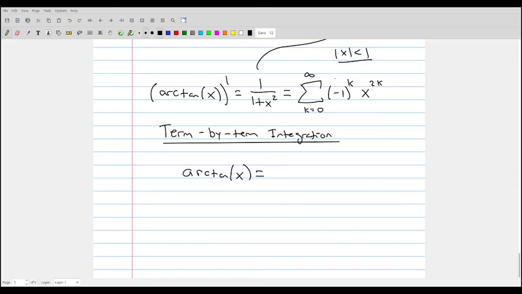And the antiderivative of this infinite summation is going to be the sum from k equals 0 to infinity of the antiderivative of this entire expression, plus some integration constant d.